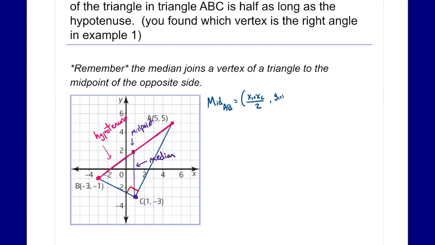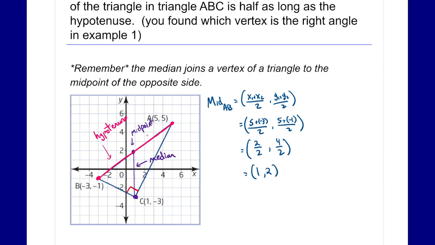We have y1 plus y2 divided by 2, or x2 plus x1, whichever order is fine because we're adding. So we have 5 plus -3 divided by 2, and 5 plus -1 divided by 2. So we then get 2/2 and 4/2, or 1 and 2.